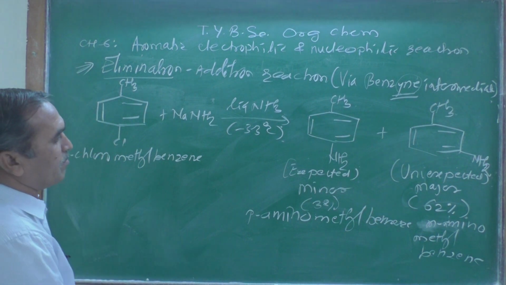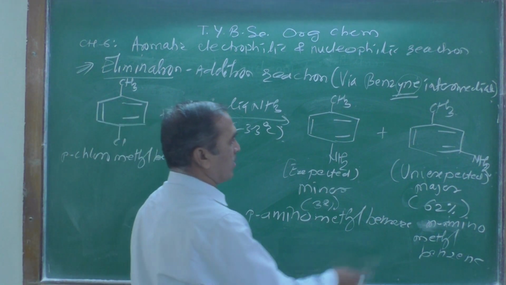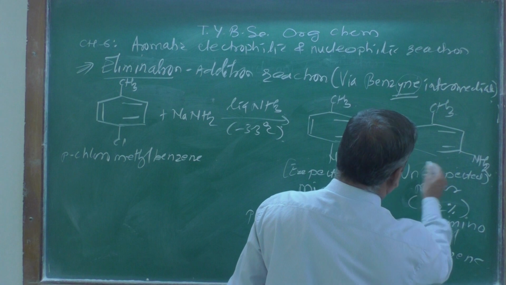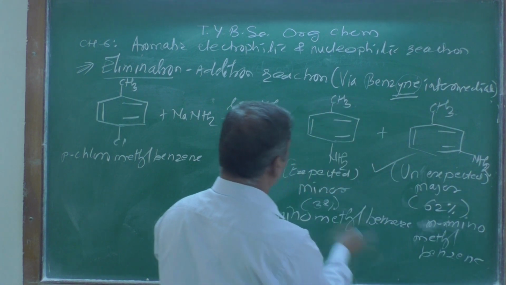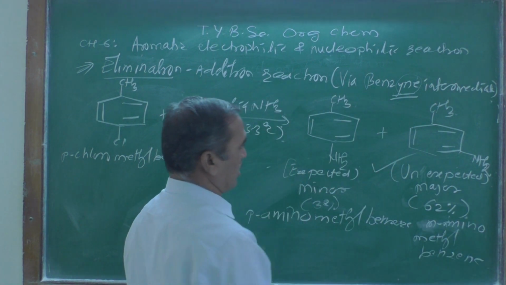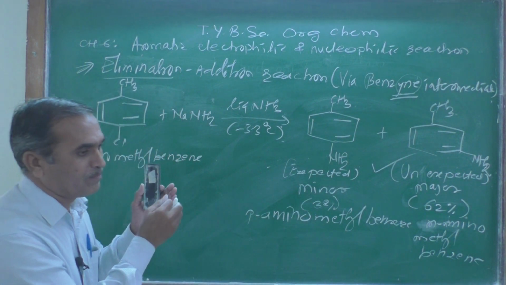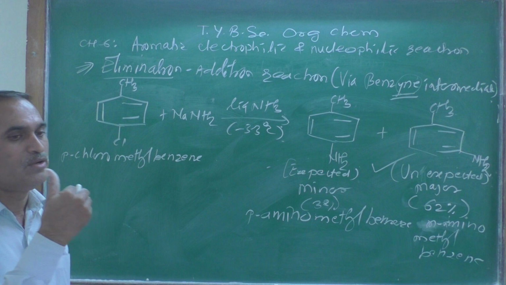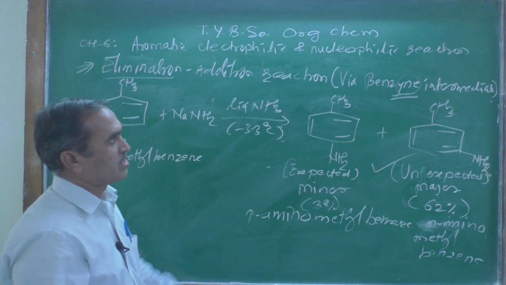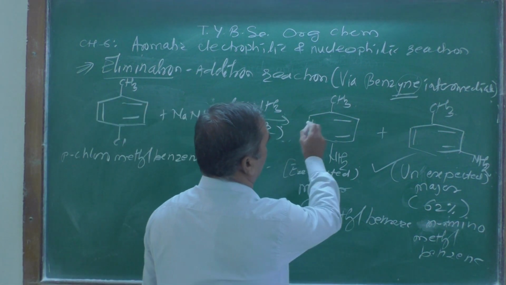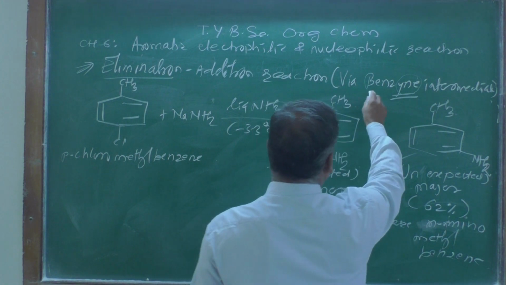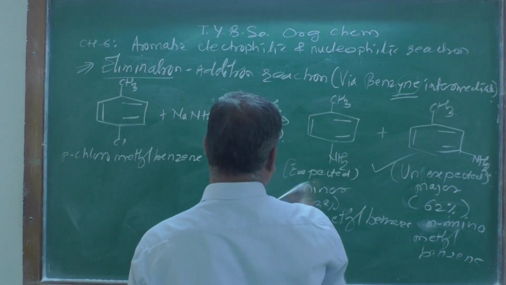Now let us see the mechanism of why we are getting the unexpected product in a higher amount than the expected product. That you are going to learn when you know the mechanism, and then you can be clear why. So here it is written as a benzyne intermediate.